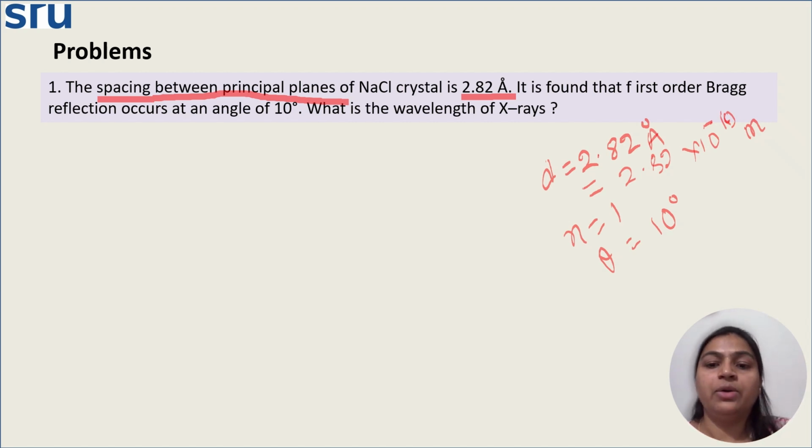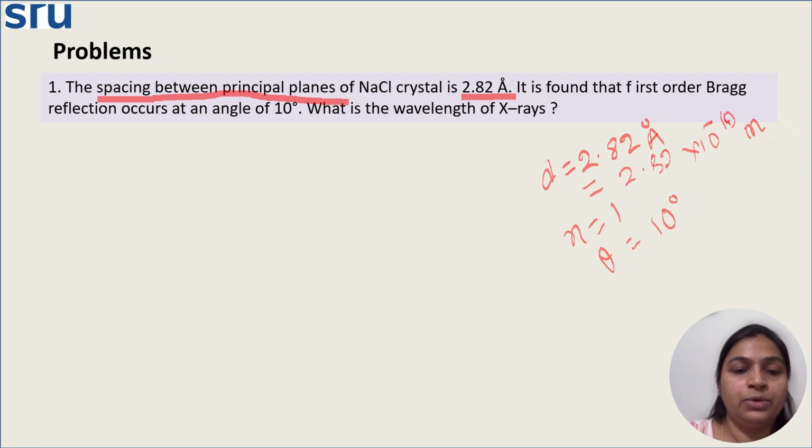Now what is our formula? We know from Bragg's law that 2d sin theta is equal to n lambda. Here n is equal to 1. It is asked what the wavelength of the X-ray is, that means we have to find lambda.